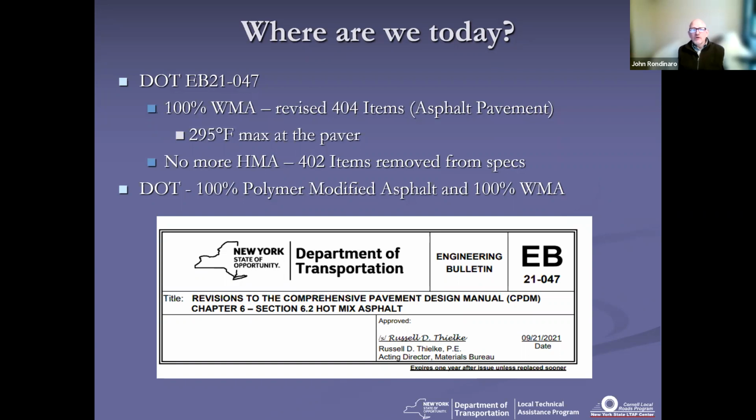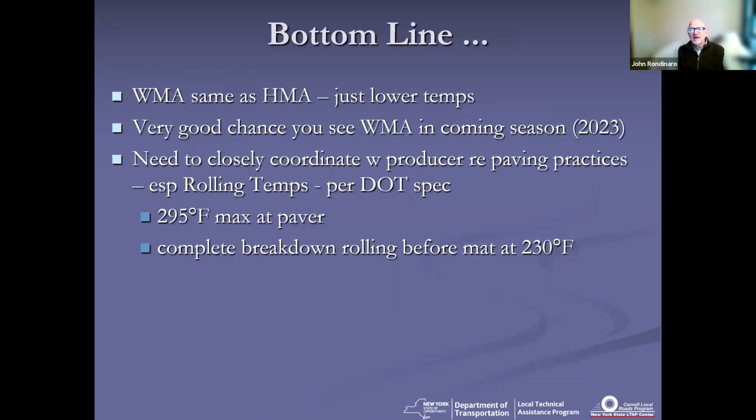And then overall, now, up till this point, DOT's been 100% polymer modified asphalt. So now it's going to be 100% polymer modified and 100% warm mix asphalt as of 2023. Bottom line, warm mix is the same as hot mix, just operating at lower temperatures. There's a very good chance that anybody on the local side is going to see warm mix in the coming season.